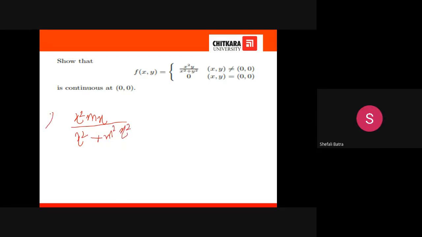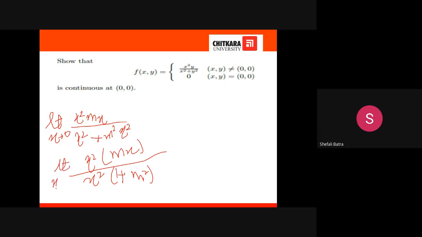Now this becomes a single limit, na? Single variable limit. Yes, ma'am. So how do we do it? We take the maximum power that is common to numerator and denominator. So x square here and x square here. So I'm writing x square mx upon x square 1 plus m square, limit x approaches 0. This cancels.